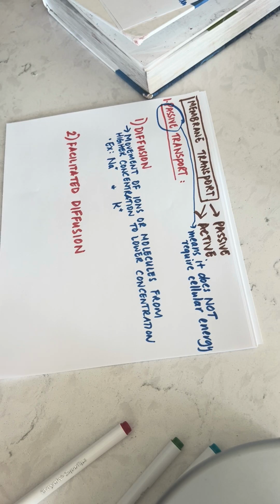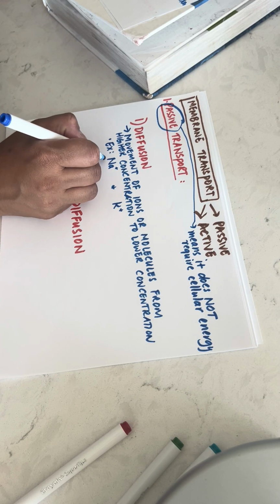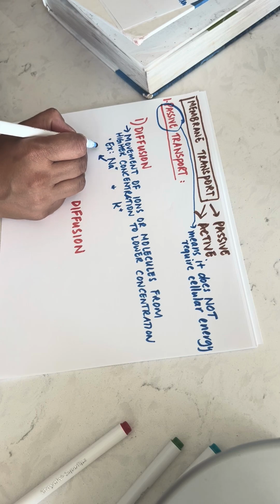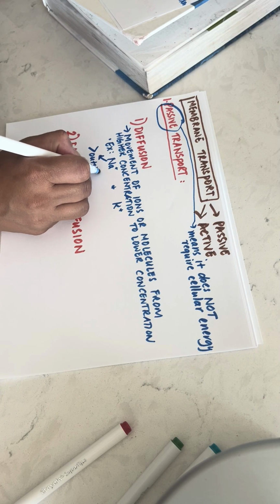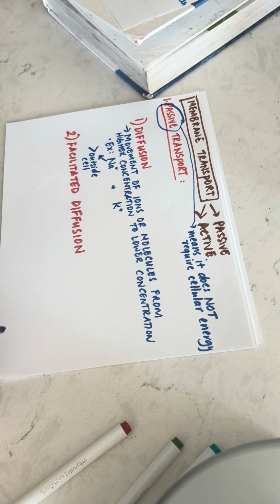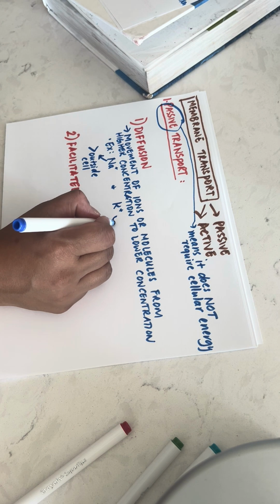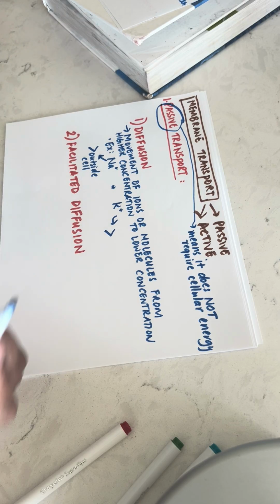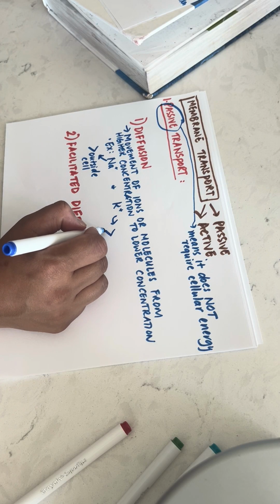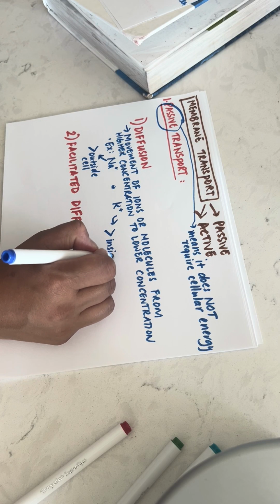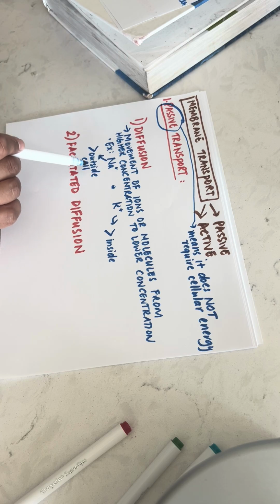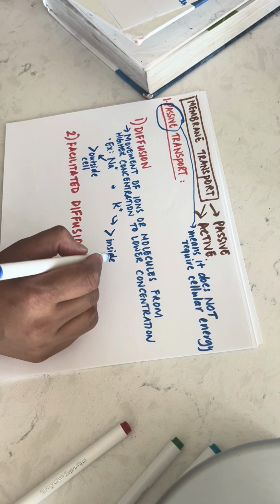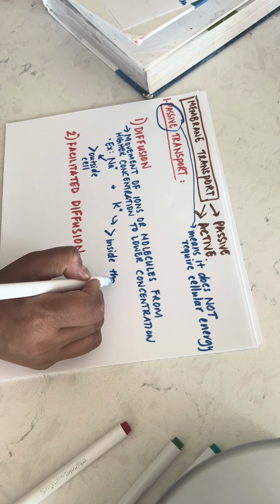Now, generally, more sodium is found outside the cell. So it's greater, this is the greater sign, outside the cell. And potassium is mainly found in greater quantities, this is the greater sign again, inside the cell. That doesn't mean this is not found outside. This does not mean it's not found inside. It is, but sodium is a greater quantity outside, and potassium is a greater quantity inside the cell, okay?